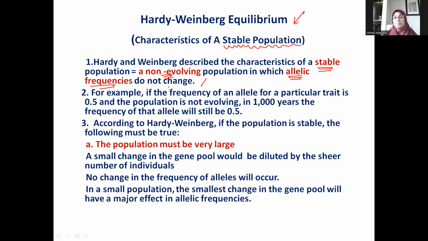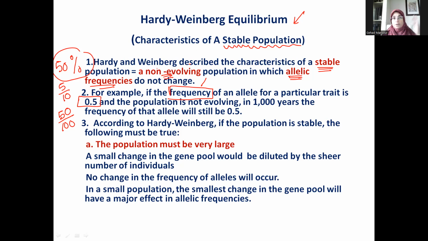For example, if the frequency of a certain allele of a particular trait in a population is 0.5, 0.5, by the way, means 5 over 10. It also means 50 over 100. It also means 50%. So that allele represents 50% of the alleles for that trait in the population.